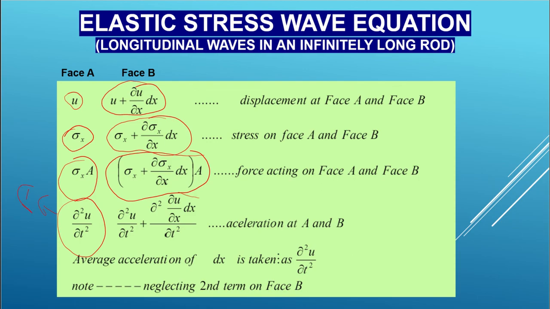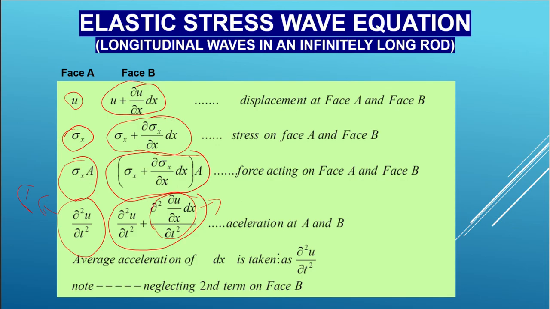Similarly, acceleration at phase B is given by dou square u by dou t square plus dou square dou by dou x into dx by dou t square. And we will neglect this particular term.